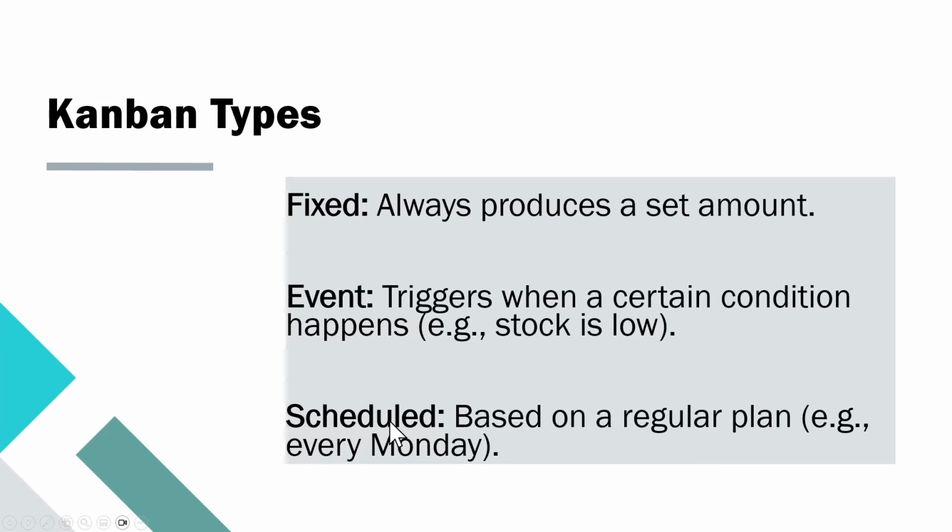And scheduled Kanban will be based on a regular plan, like we will produce item X every Monday. So these are the three types of Kanban.